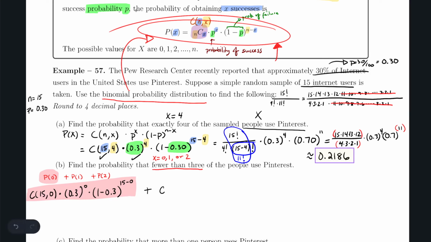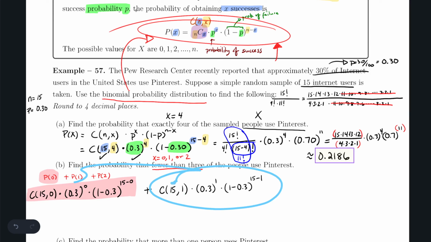So it's the combination of, we had 15 things, we select one of them, times the probability, 0.3, to the 1, times the probability of failure, 1 minus 0.3, which is 0.7, to the 15 minus 1. Now the pattern is, you might notice this, for the last exponent, it's always the larger number minus the number you're selecting here. So 15 minus 1, that's 14. That is our probability that 1 occurs here.